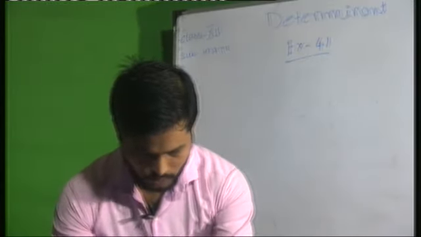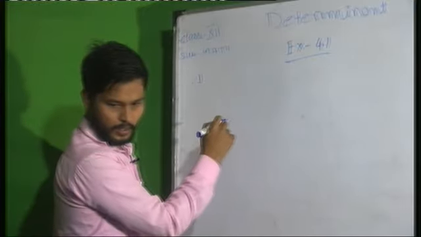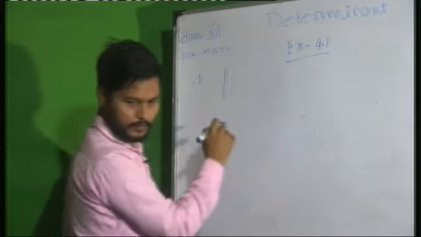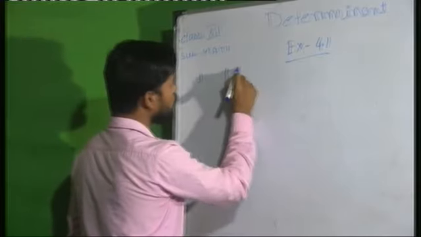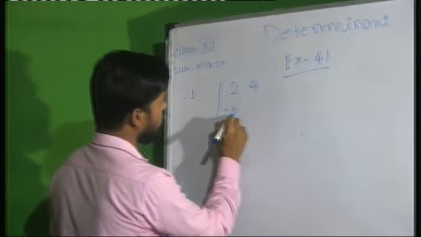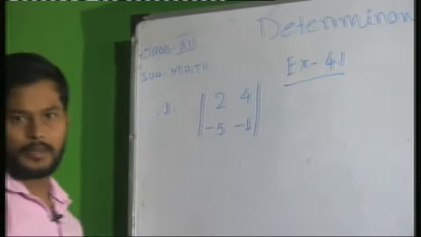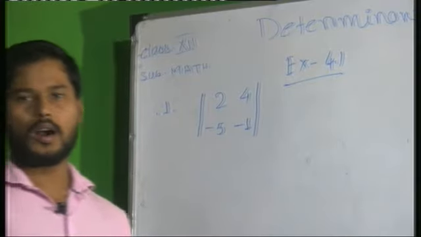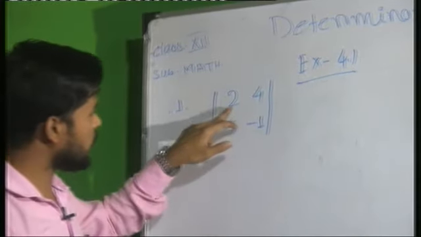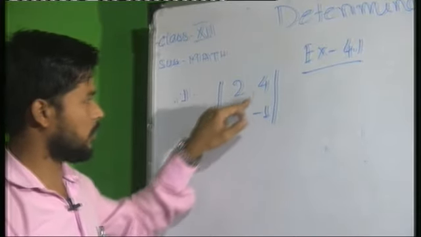So the first question is the determinant 2, 4, minus 5, minus 1. This is a determinant of order 2, and we know how to expand this one. We first multiply these two corner elements, minus these two elements.